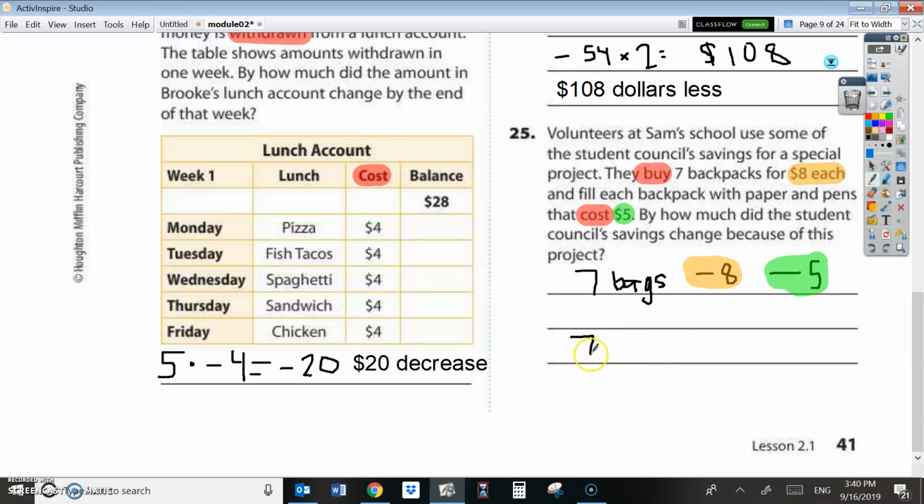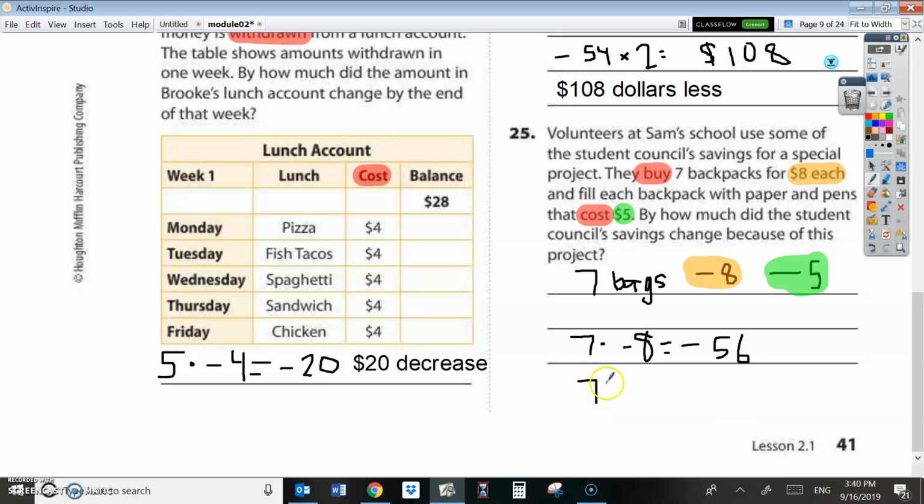Okay, so 7 times negative 8 equals negative 56. Okay, so that's how much it costs for the backpacks. And then they fill each backpack with paper and pencils that cost $5.